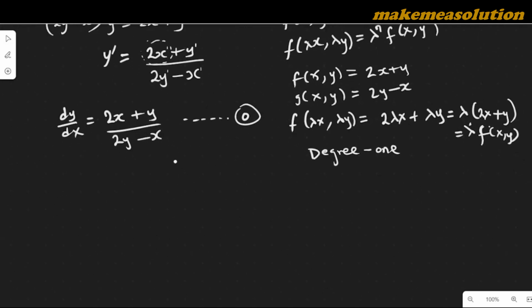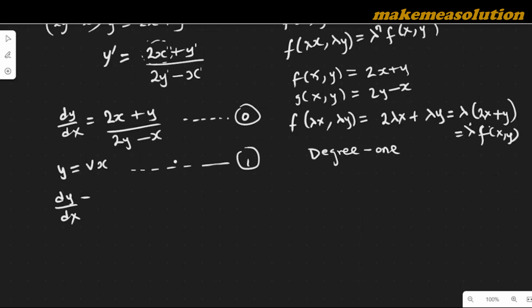Now since this is equation 0, remember the first step. The first step is to substitute y equal to vx into this homogeneous differential equation. And how do you do that? You can do that simply by, first of all, you need to differentiate. Y equal to vx will be equation 1.